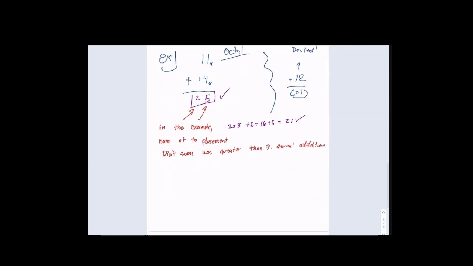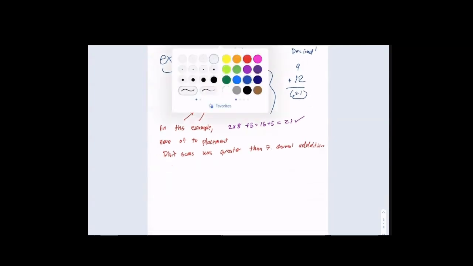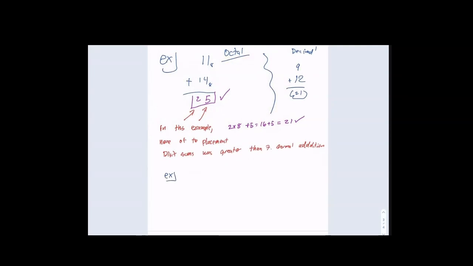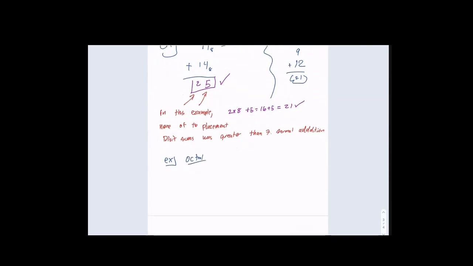Now let's do an example where that is not the case. And once again, these are octal. So can someone give me some bigger type of 2-digit octal?